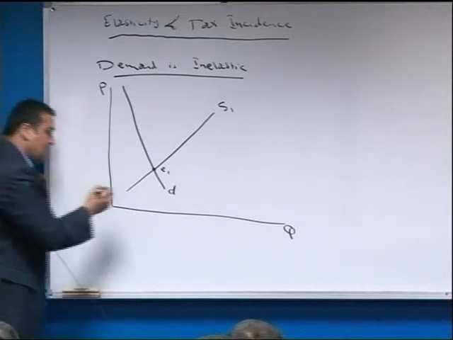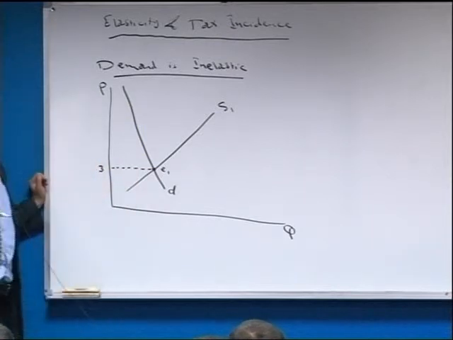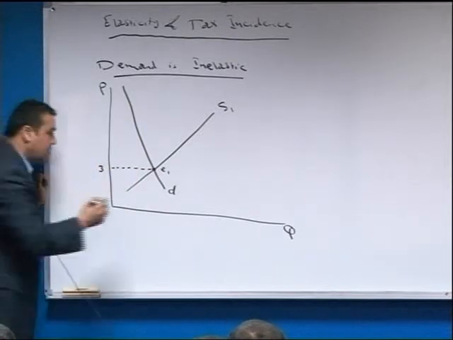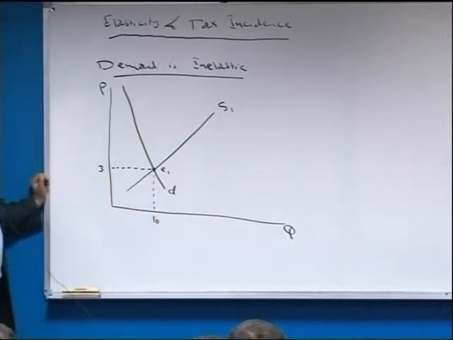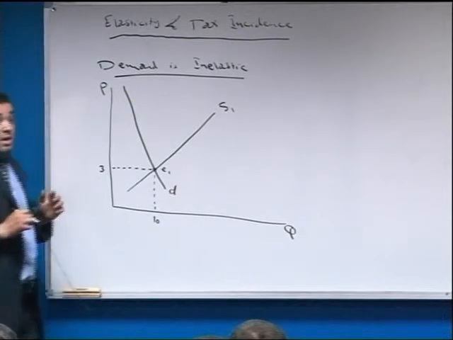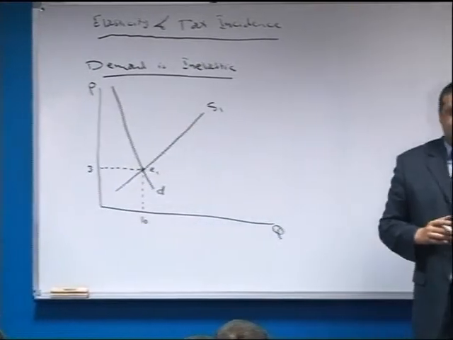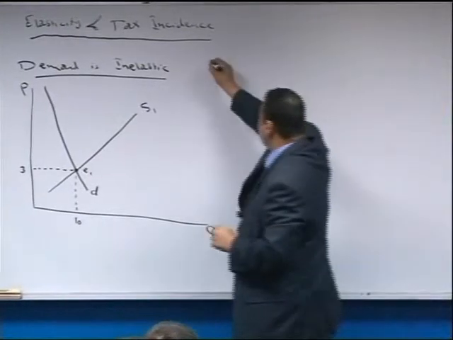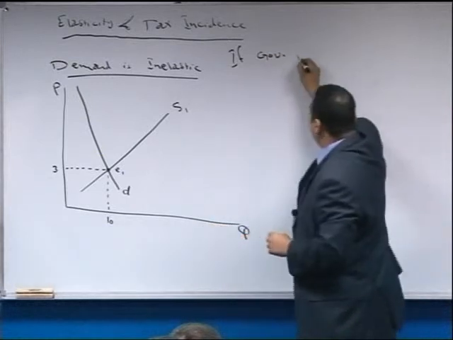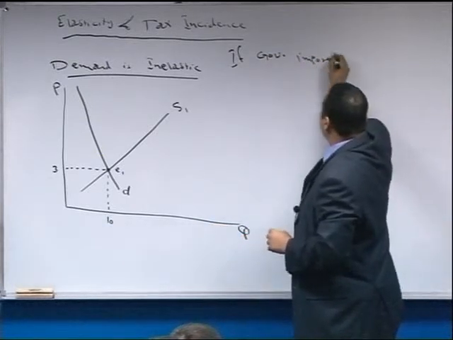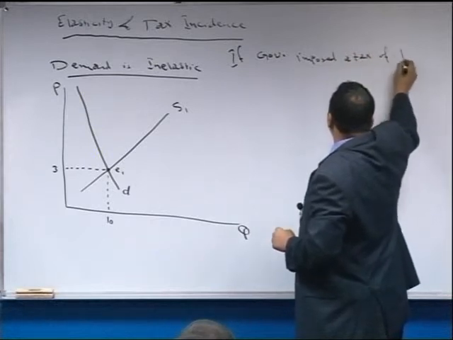Suppose that the price of the product is $3 and the quantity demanded is 10. Right? Okay. Suppose that the government imposed a tax of $1.